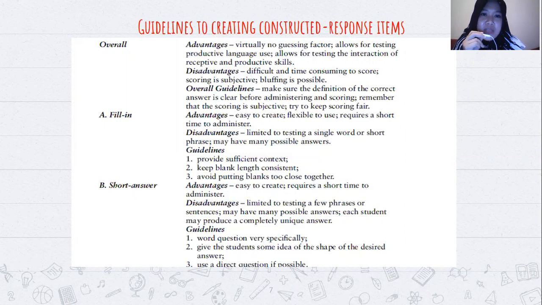And scoring is subjective, and bluffing is possible. Yes, of course, because if we have probably more than one examinee, it will take time to check the answers, because the answers may vary from one another, and then it takes a very long time.